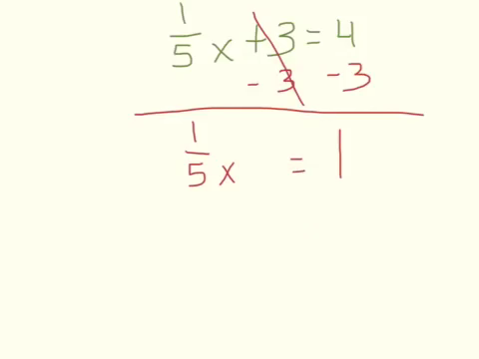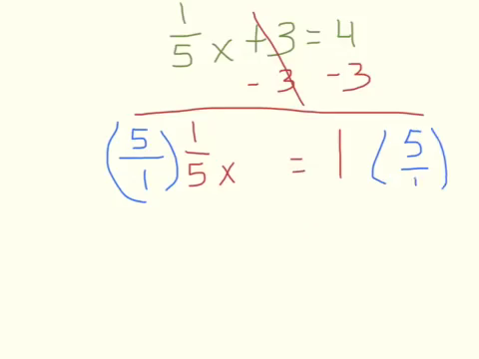So to undo that, I'm going to take this fraction and I'm going to flip it. And I'm going to do that to both sides. Okay? Do it on one side, you have to do it on the other. Even fractions. So we're going to cancel this out, that leaves me with x. 1 times 5/1 is the same thing as 5.